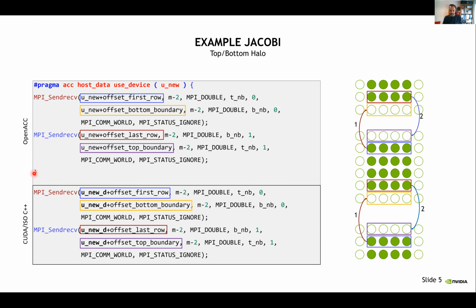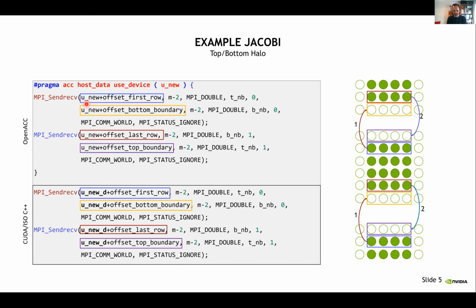With OpenACC, there's something you need to take care of, because there you only have a single symbol, u_new, and in an accelerated program, there are two representations, one in CPU memory and one in GPU memory. Usually OpenACC can derive from the context which representation to use.